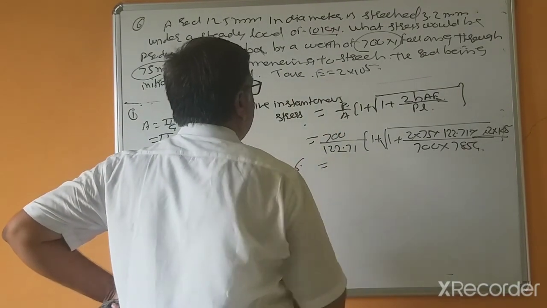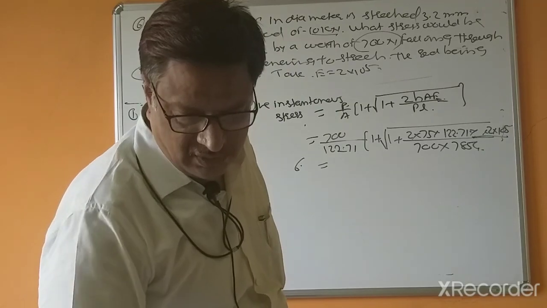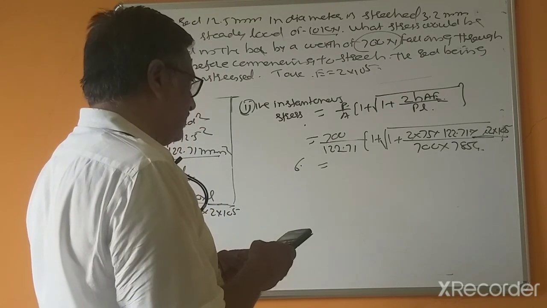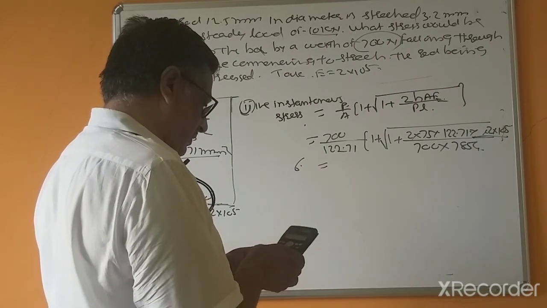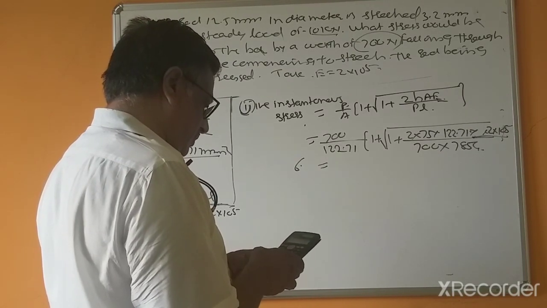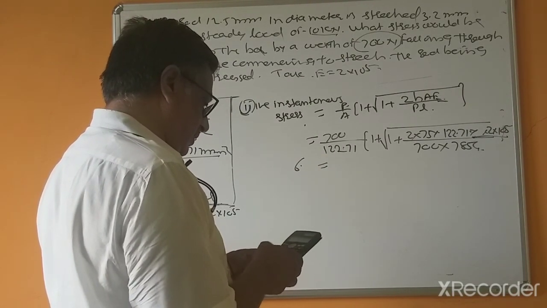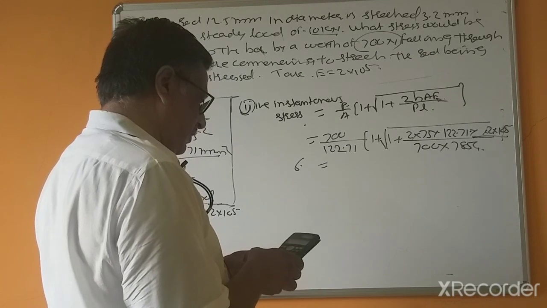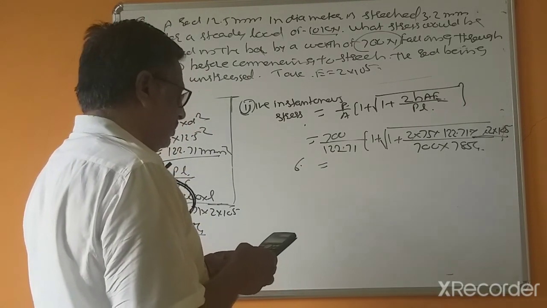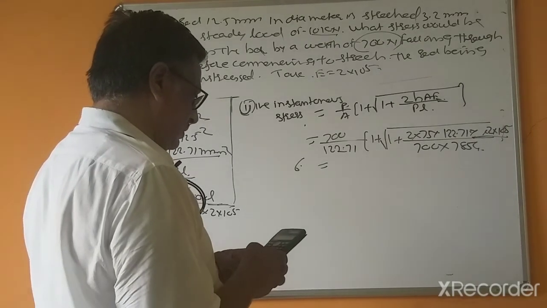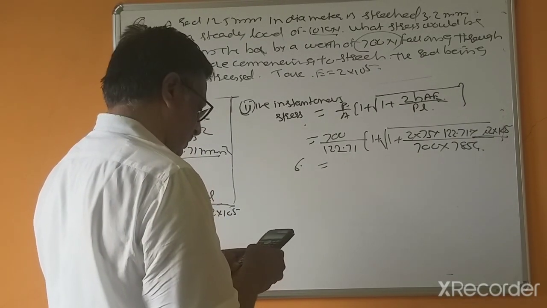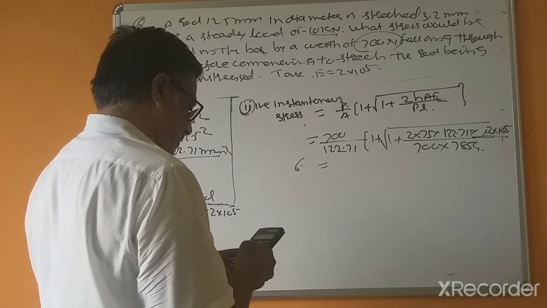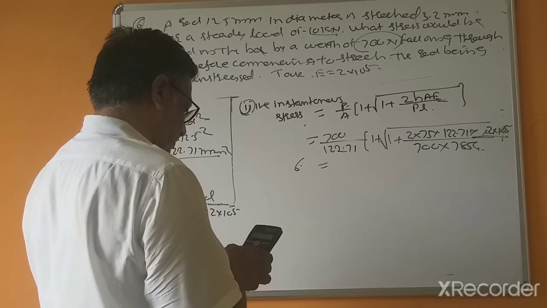Now stress equal to 1 plus under root 1 plus 2 h A E divided by P L, multiplied by 700 divided by 122.71.